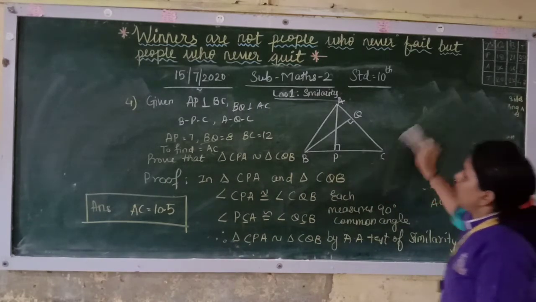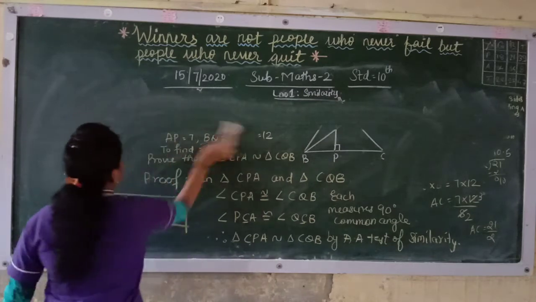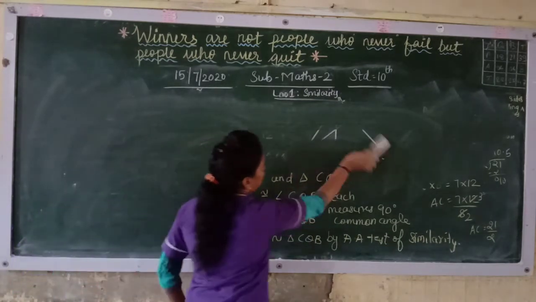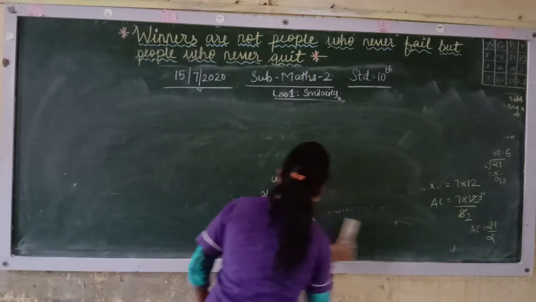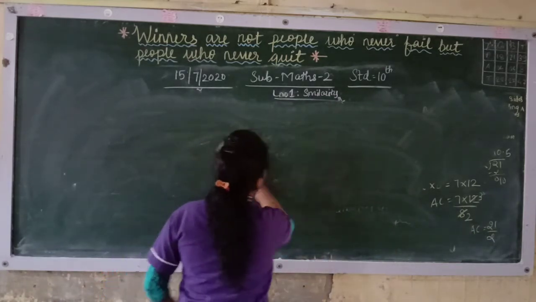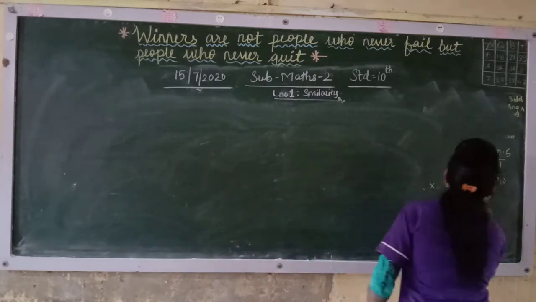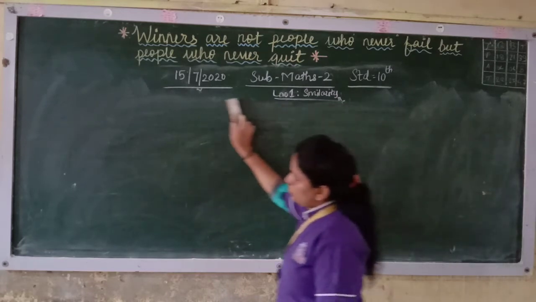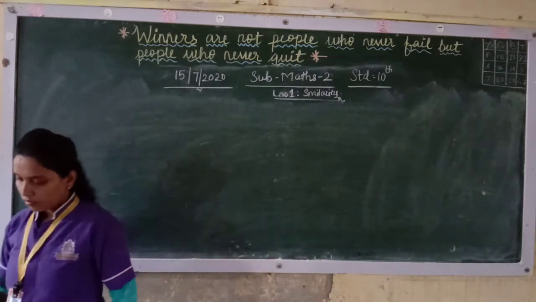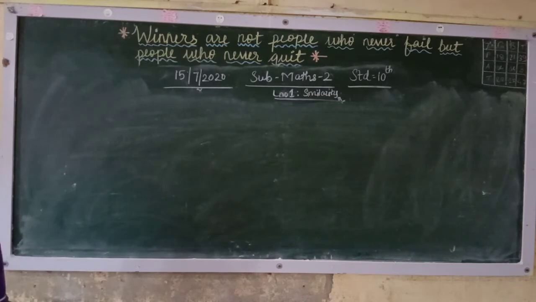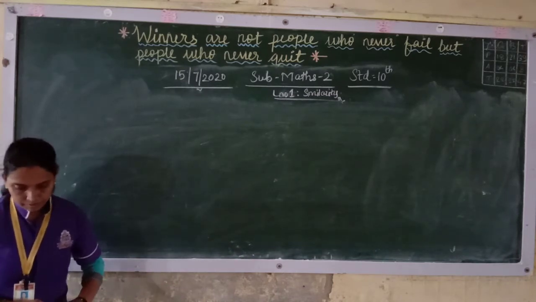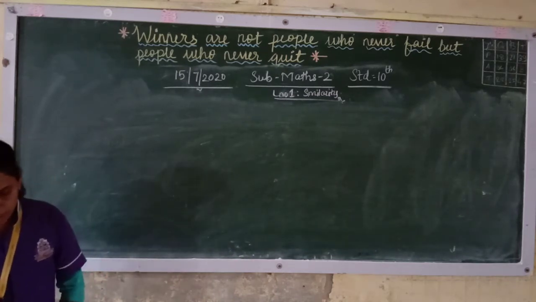Now let's see the fifth one. For the fifth one, if you see, it is a trapezium which is given.